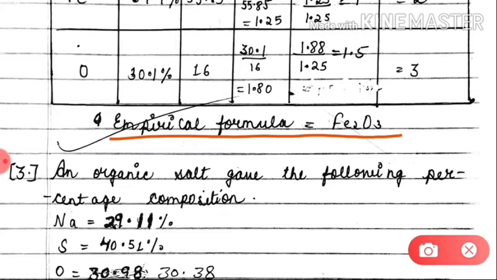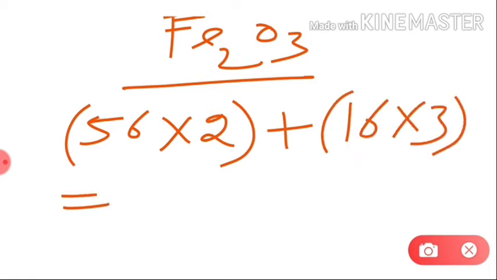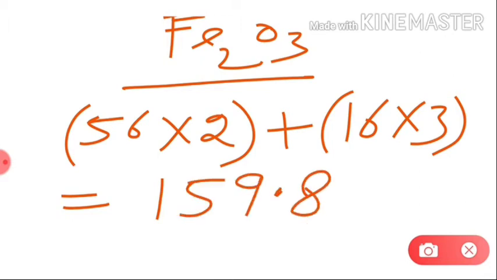In the next step, we calculate the empirical formula mass. This is Fe2O3. Atomic mass of iron is 56 multiplied by 2 plus 16 multiplied by 3, and when we calculate this, it comes 159.8.